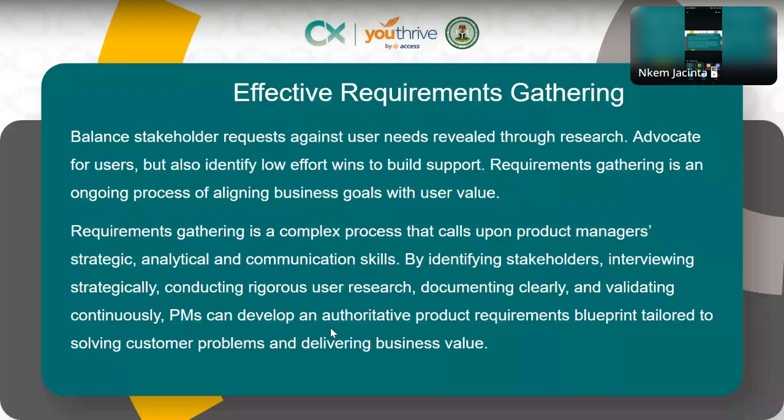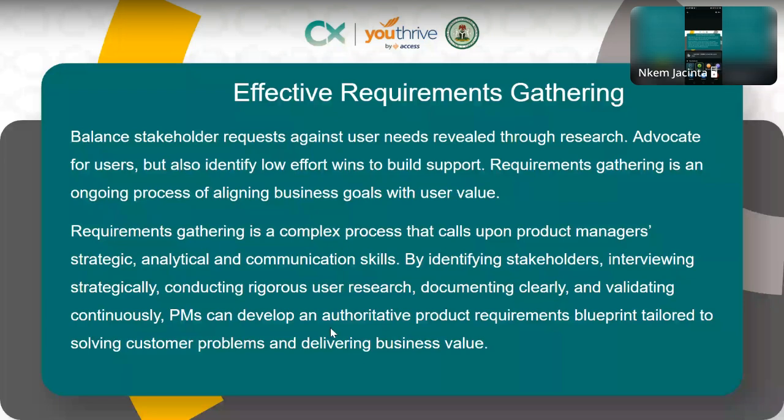All right. Communication skills as well. How you're able to communicate this to your team, to your management, to all the rest of the stakeholders. That is very, very essential. All right. By identifying stakeholders, interviewing strategically, conducting rigorous research, documenting clearly, validating continuously, a PM can develop an authoritative product requirement blueprint tailored to solving the customer problems and delivering business value.